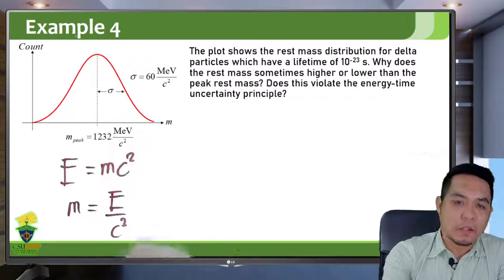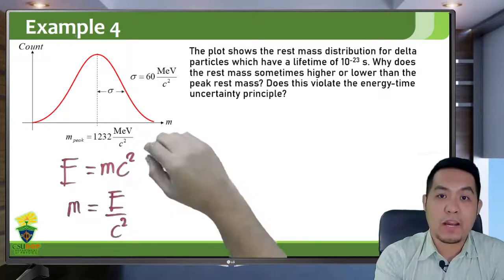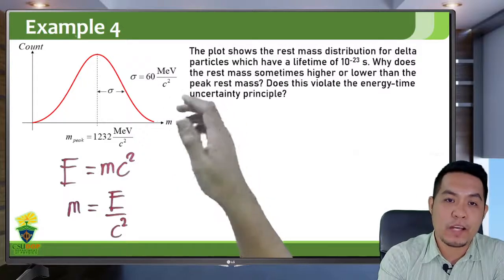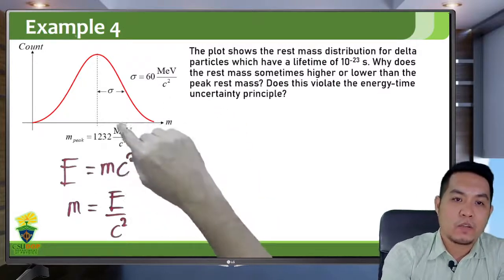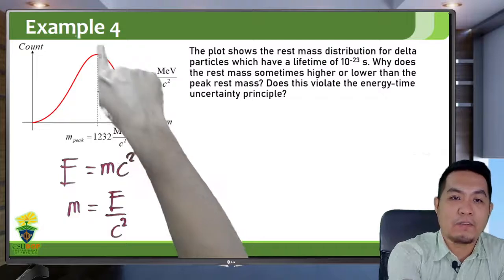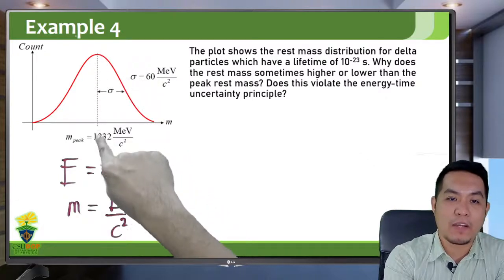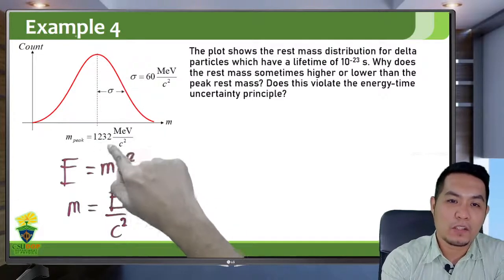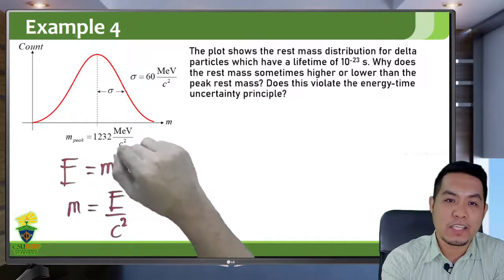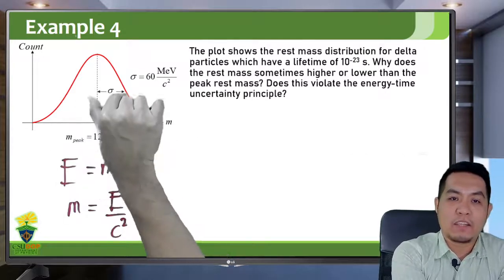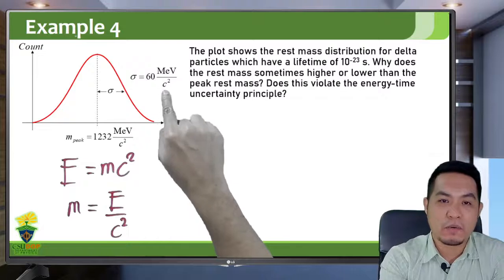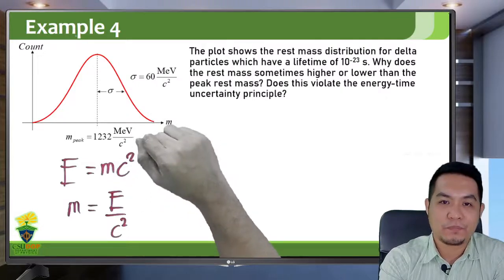So this is the result of the plot of the rest mass distribution for delta particles. Most of the particles have an average value of 1,232 mega electron volt per c squared, with a standard deviation of 60 mega electron volts per c squared.